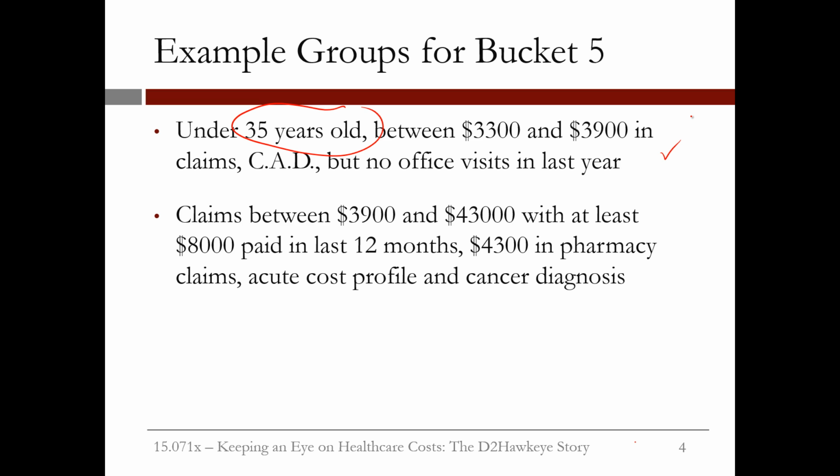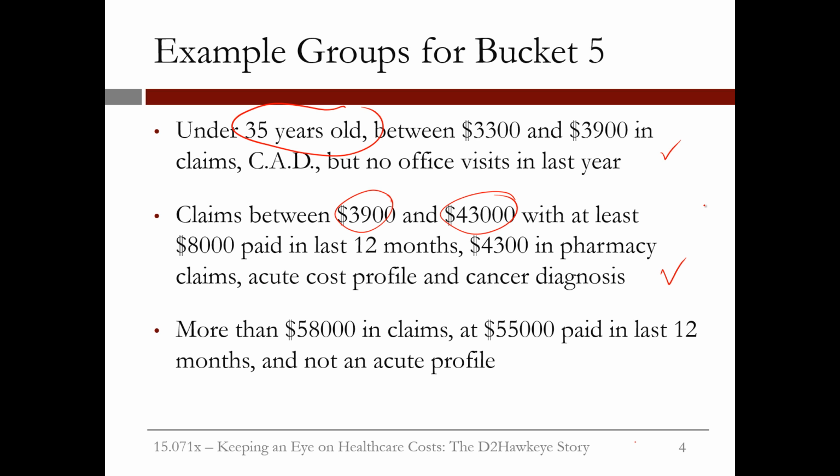Another example of a category of a patient that is classified as bucket 5 is claims between 3,900 and 43,000 with at least 8,000 paid in the last 12 months, 4,300 in pharmacy claims, an acute cost profile, and cancer diagnosis. And another final example is more than 58,000 in claims, at least 50,000 paid in the last 12 months, but not an acute profile.